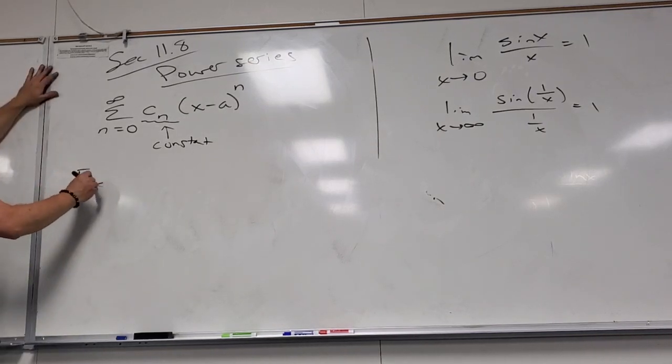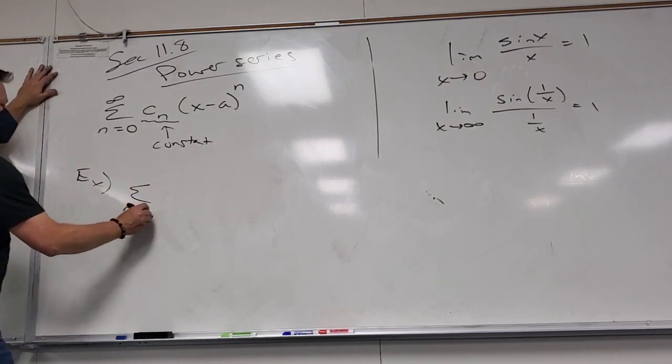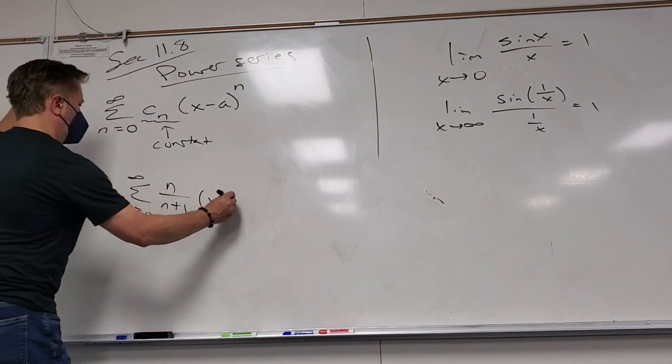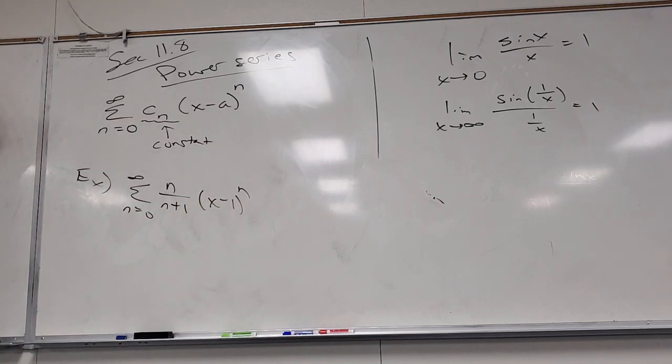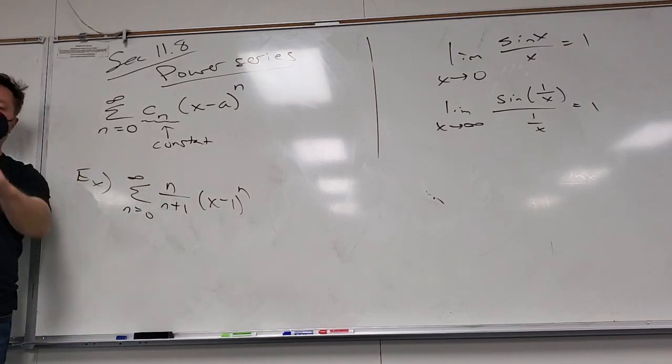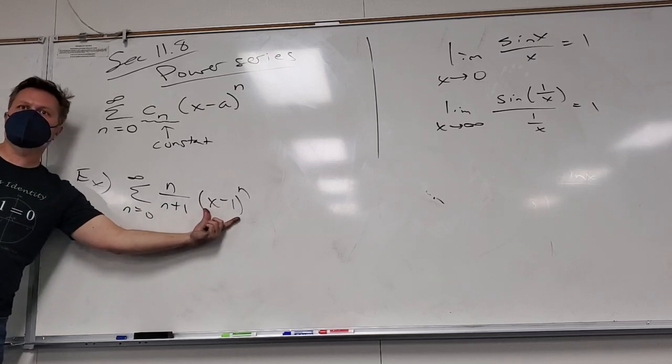Here's an example of a power series. What's Cn? n over n plus 1. So for n equals 3, what is that? 3 over 4. So it's just a constant. For every element, it's a constant. If n equals 3, this would be x minus 1 cubed, correct?